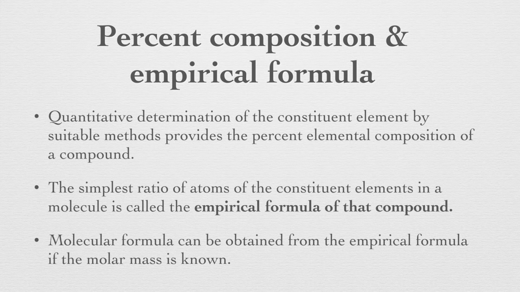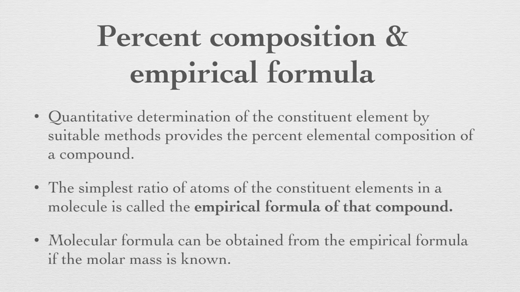If this value is given to us, and the percentages of the given constituent elements do not add up to 100, then the difference is considered as the percentage of oxygen. Please understand that.